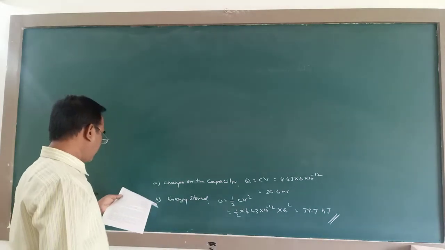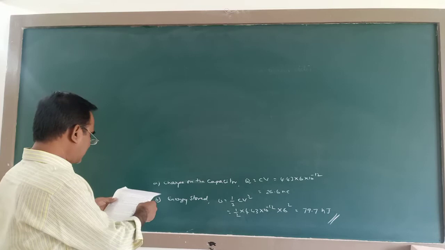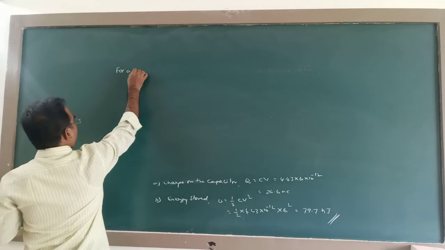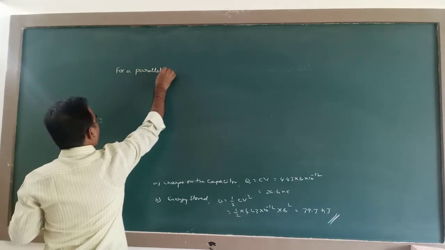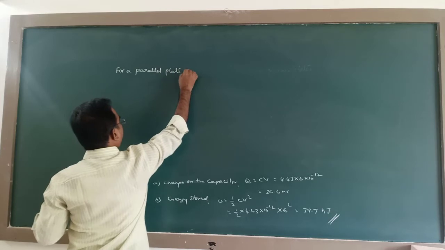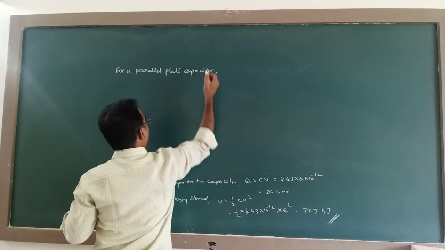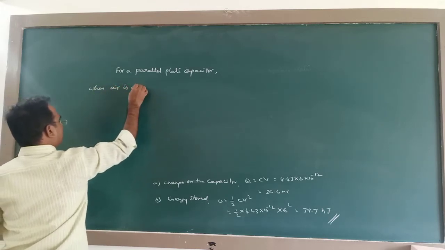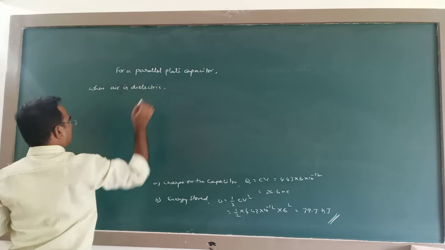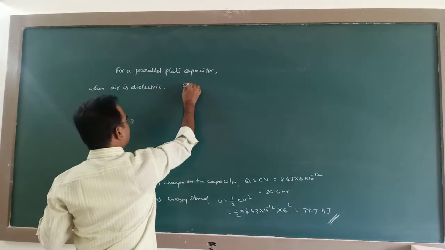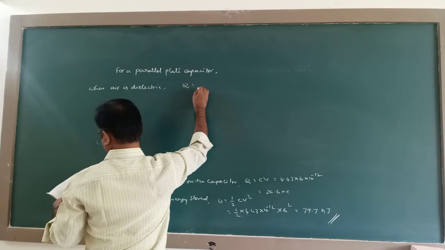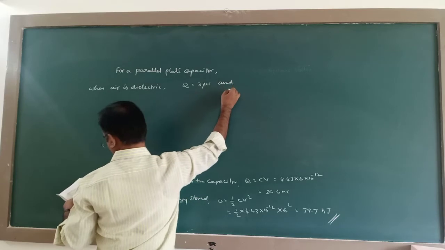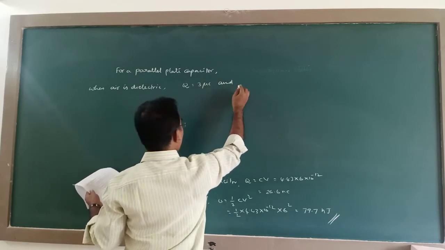So here there is a parallel plate capacitor. When air is the dielectric, this charge is given as 3 microcoulomb and it is connected to a battery of 1.5 volt.